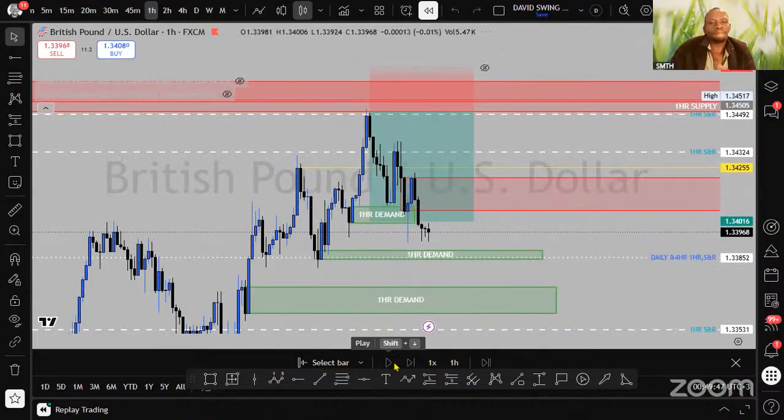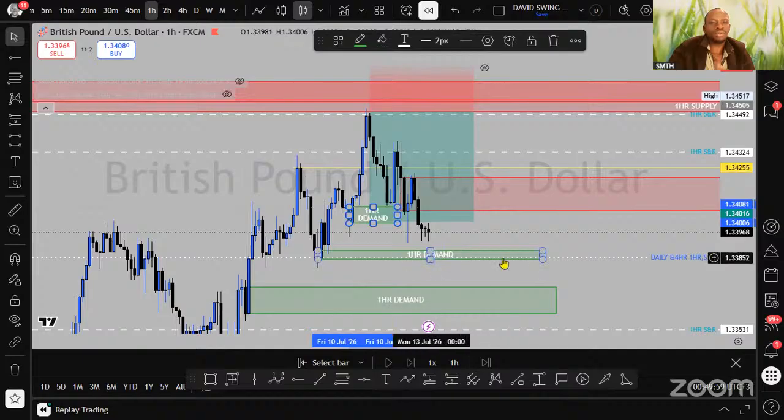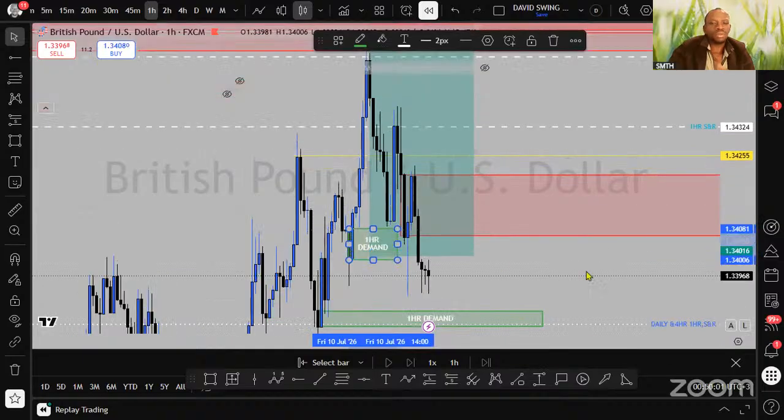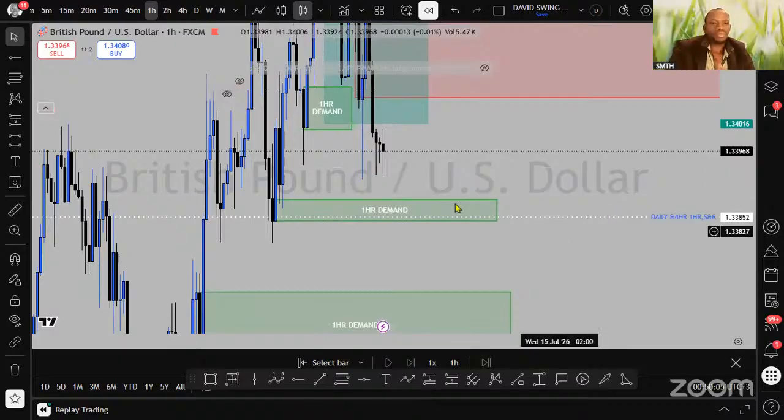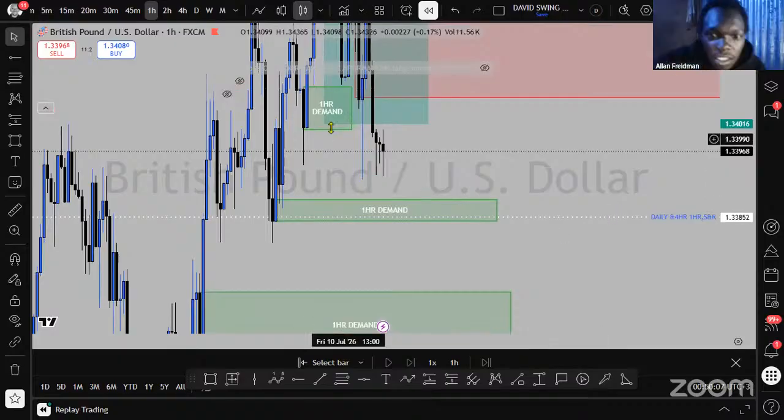Do you see? So right now, price has broken. Typically, we're expecting price to buy. We have this another rally base rally, it may rally.